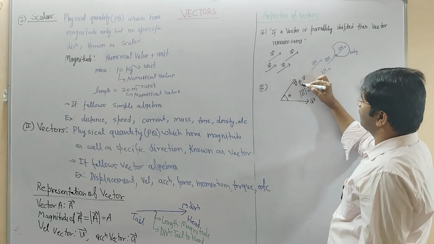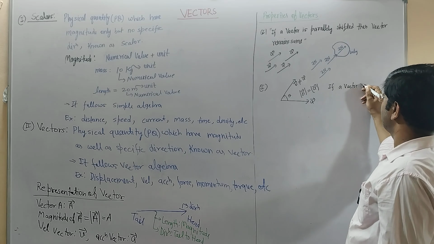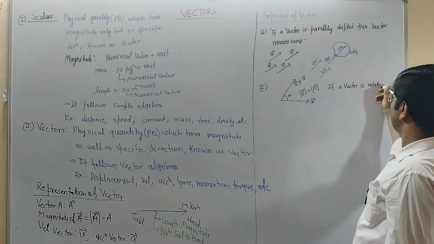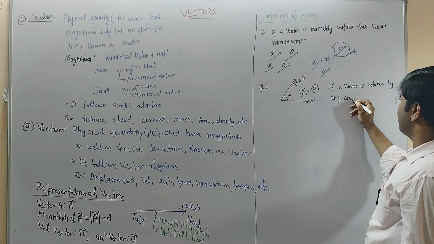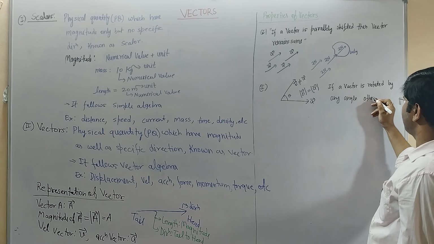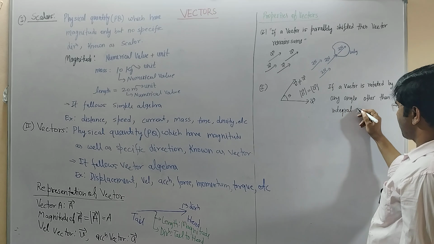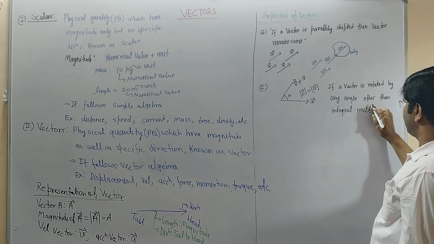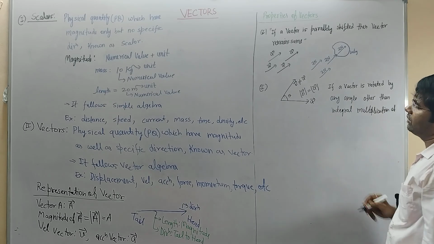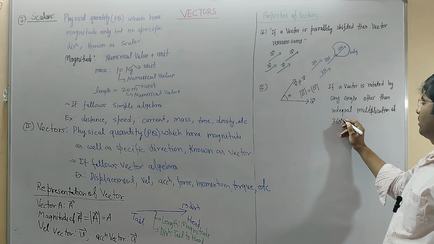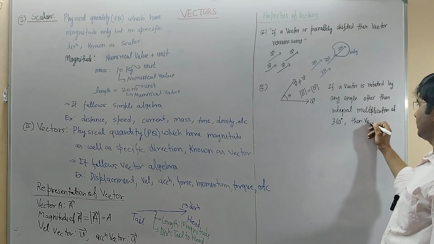So we can conclude here that if a vector is rotated by any angle other than an integral multiplication of 360, then the vector changes.